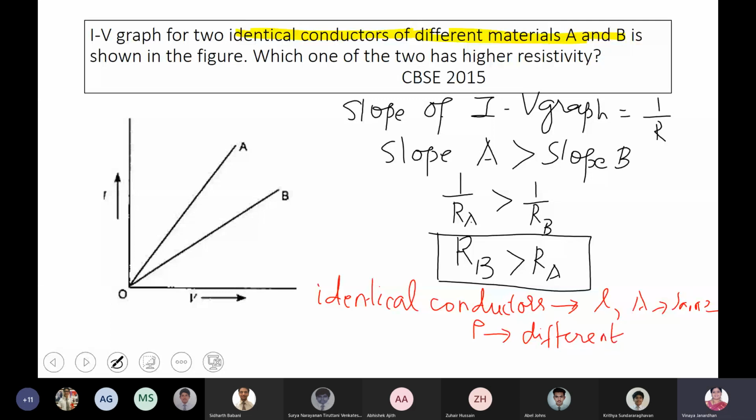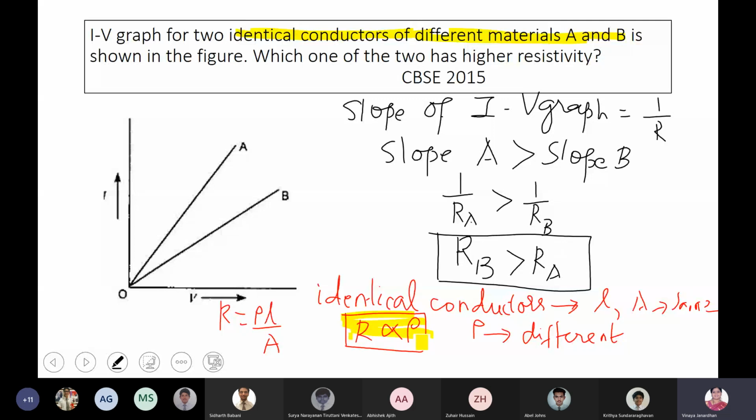So now what is resistance? R is equal to rho L by A. L and A are constant. So R is proportional to rho. So which wire will have a greater resistivity? Because R is proportional to rho, rho B will be greater than rho A. First, look at these two conditions.